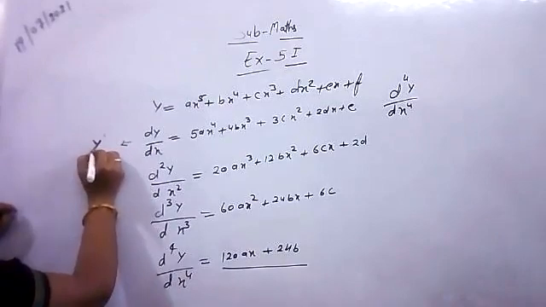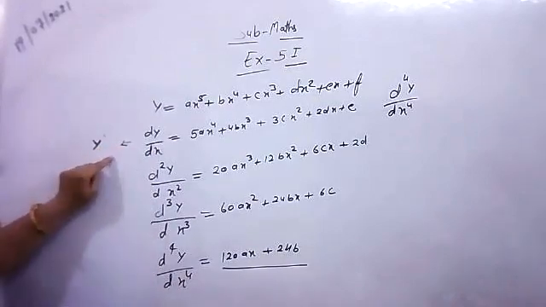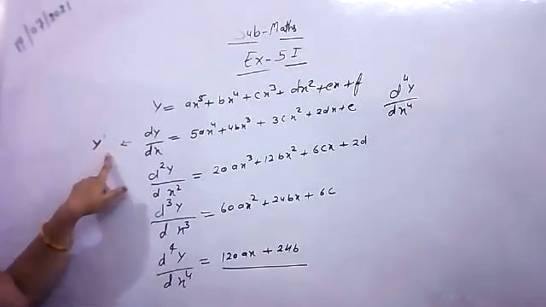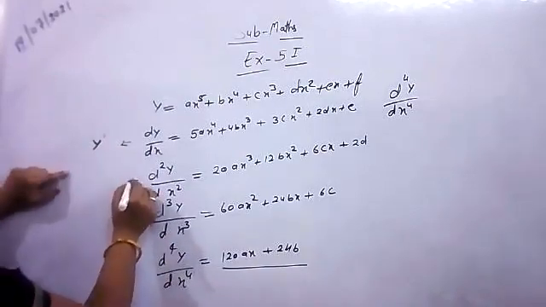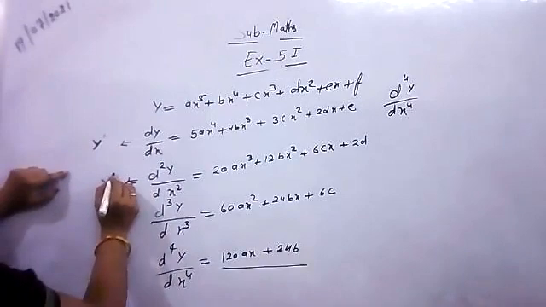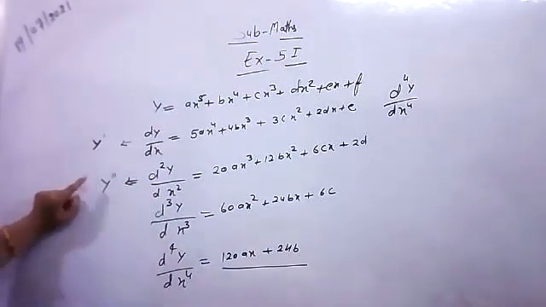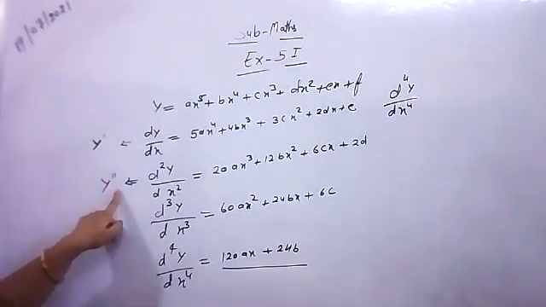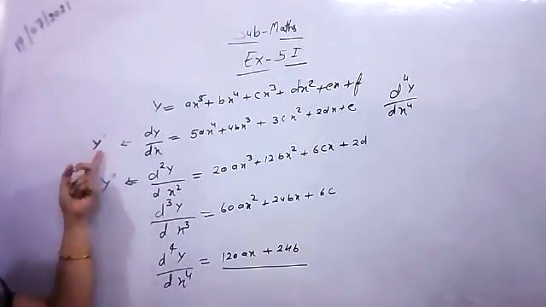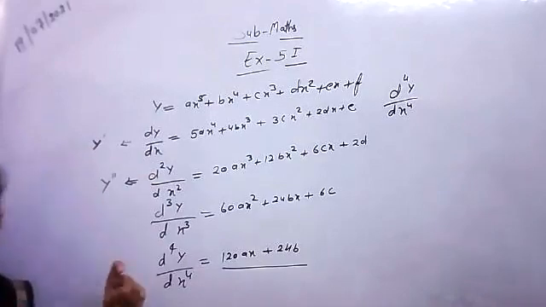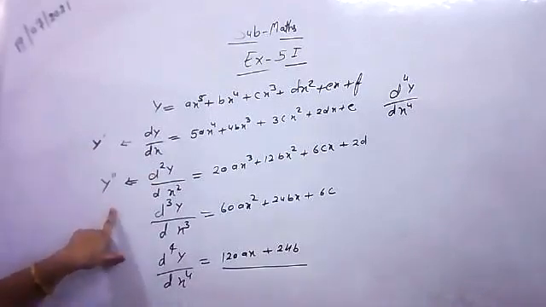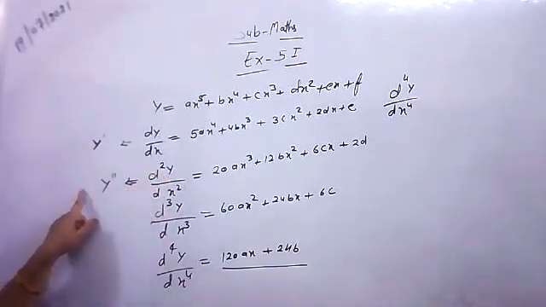If I ask you to find y dash, that means we differentiate one time. If I ask you to differentiate two times, it is denoted by y double dash. y1 dash means dy upon dx, differentiated one time. If we take two times, d square y upon dx square, otherwise y double dash.